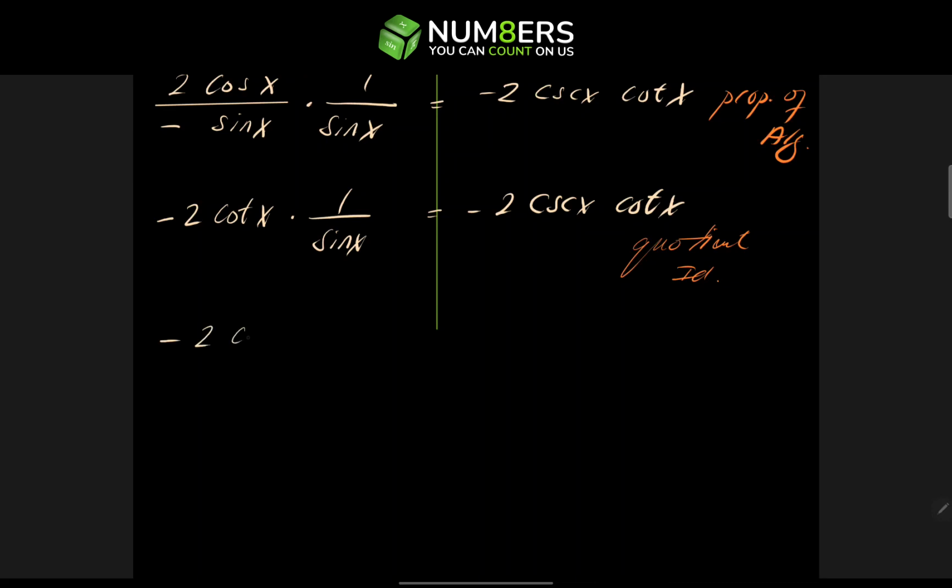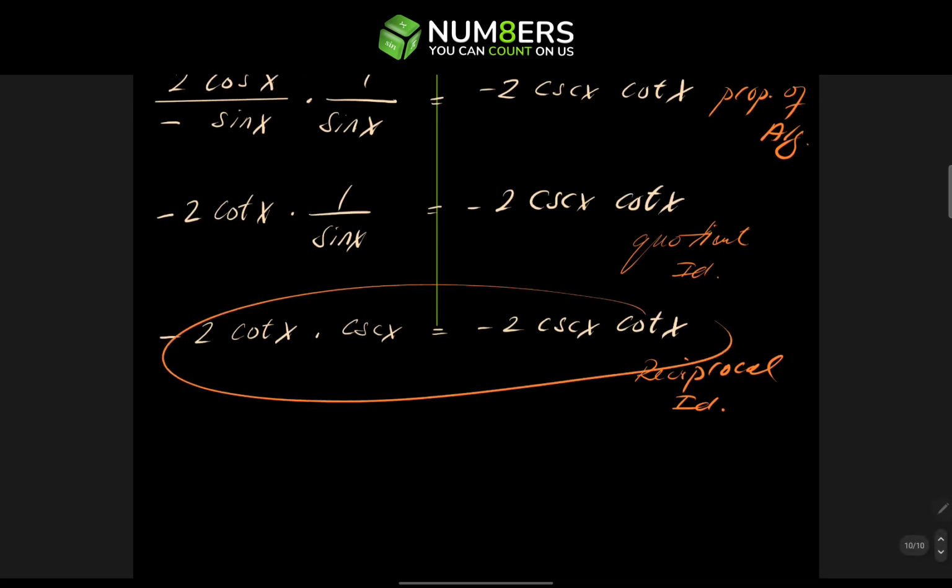So it's negative 2 cotan x times 1 over sine, which is cosecant of x, is equal to negative 2 cosecant of x cotan of x. And this is using reciprocal identity. So write reciprocal identity. And we've verified that the left equals the right. And that's it for this one.